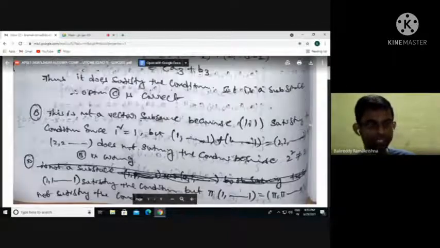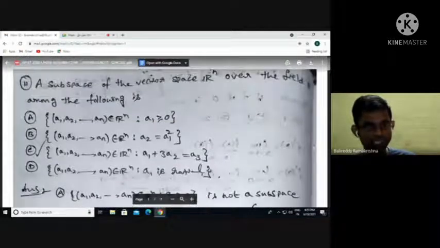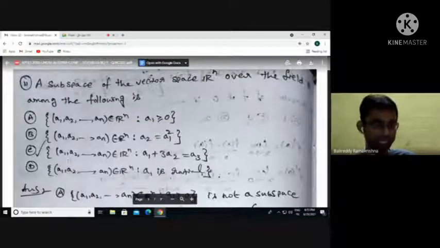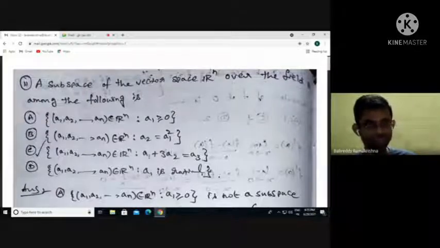So option number D is also wrong. So the only correct option is option number C, that is the set of all n tuples a1, a2, and so on an belonging to R power n such that a1 plus 3a2 is equal to a3. So this is a subspace of the vector space R power n. Okay, is it clear? This is the solution of question number 11.